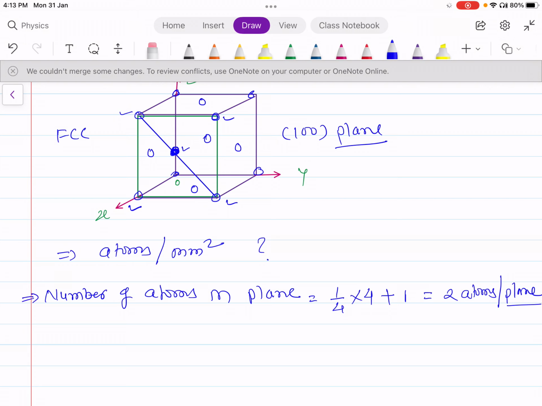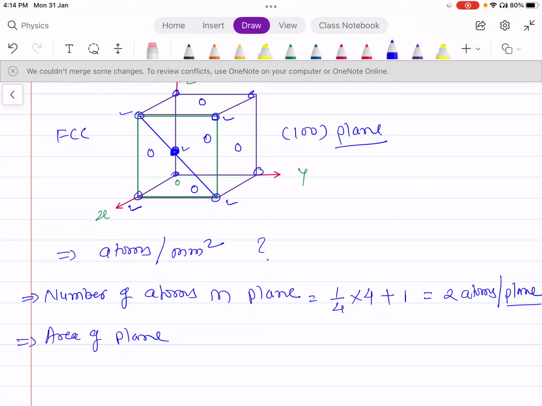We got two atoms per plane. This is one. Second, we have to find the area of the plane. As you can see, to find the area of the plane, atoms are in contact with each other along the face diagonal.